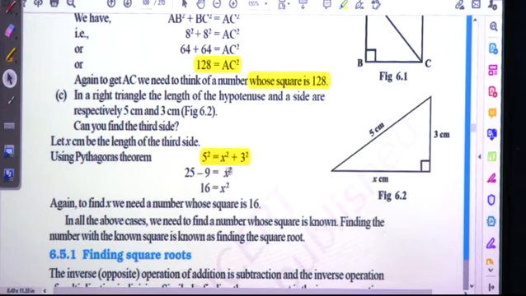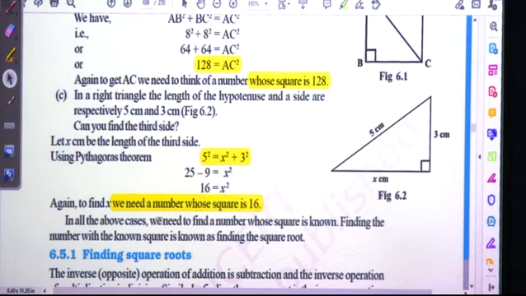So, 25 minus 9 is equal to x square, 16 is equal to x square. Again to find x, we need a number whose square is 16.